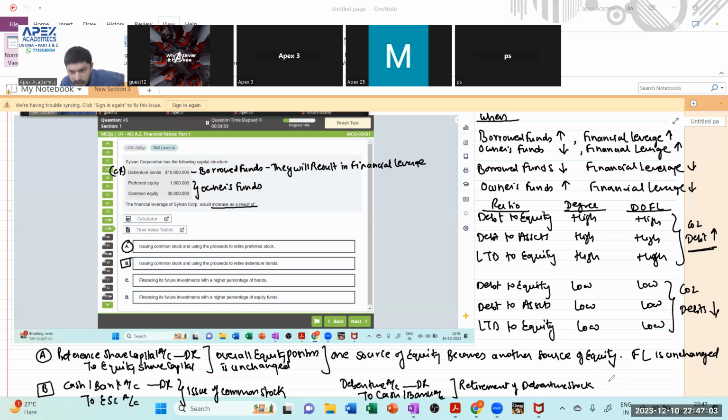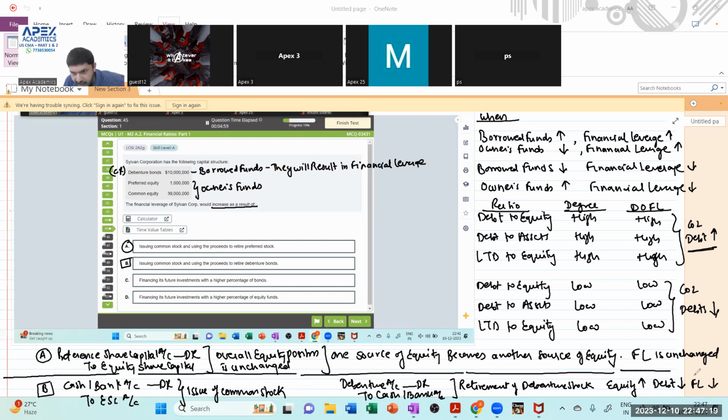What happened over here? Essentially, equity increased and debt reduced. So financial leverage has reduced in entry number B. Do you understand why financial leverage has reduced? Because debt has reduced. Yes or no? Please tell me that.